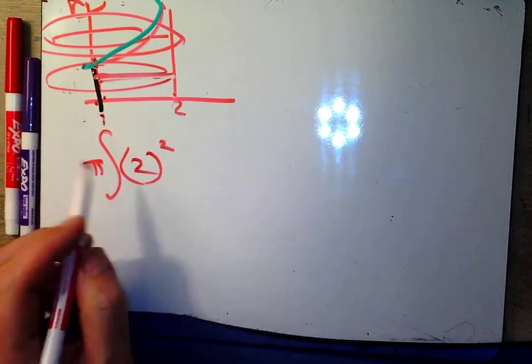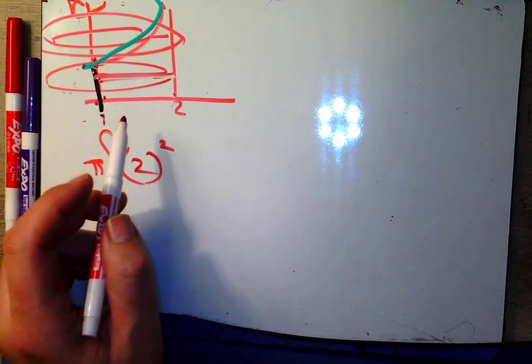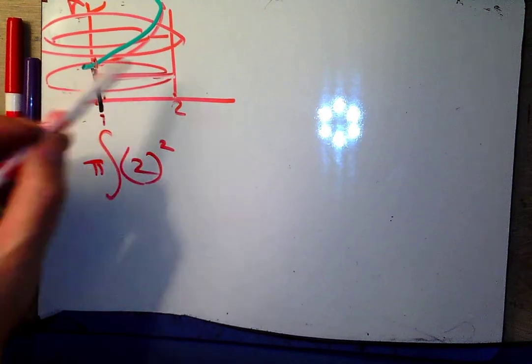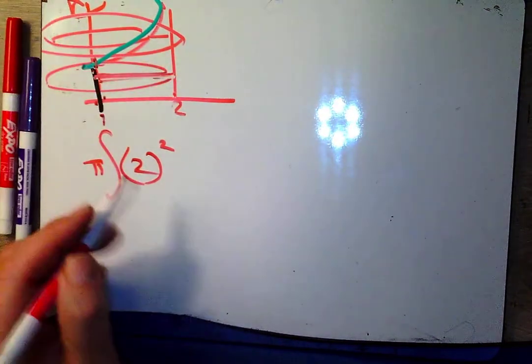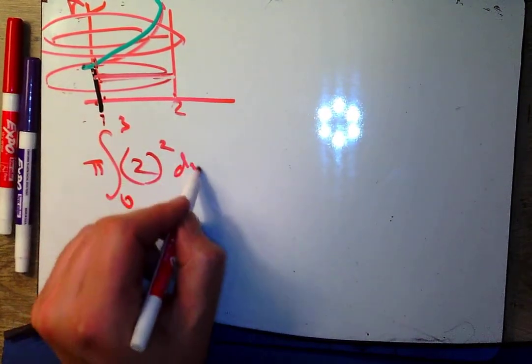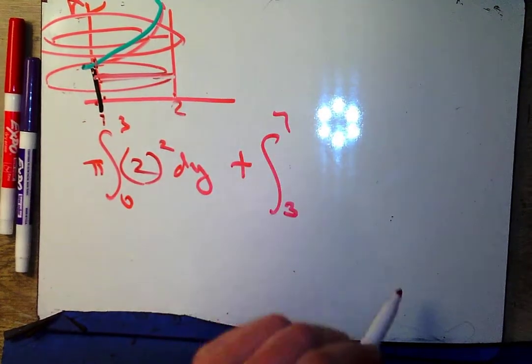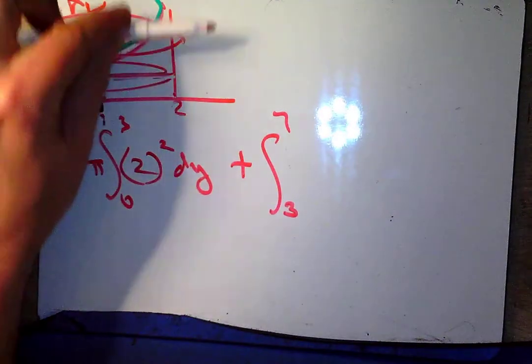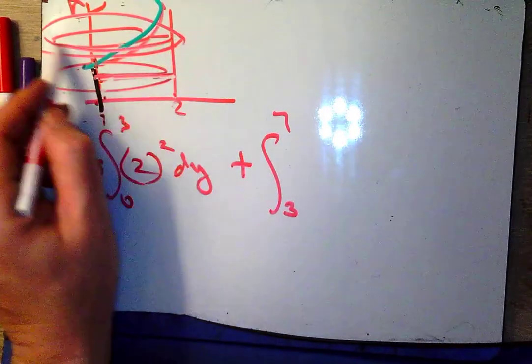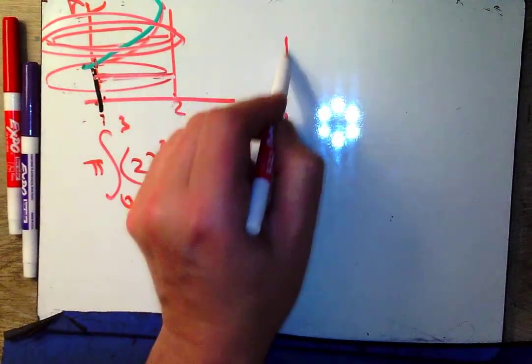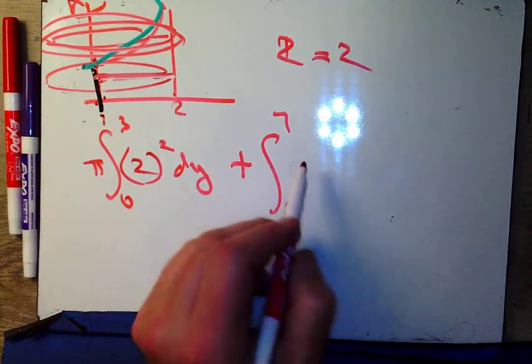Don't forget the pi. We're going this way, so we're going 0 to 3 dy, plus the integral from 3 to 7. So we're going to go from here to here. My big R is still that constant 2.